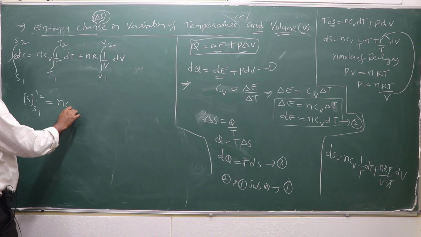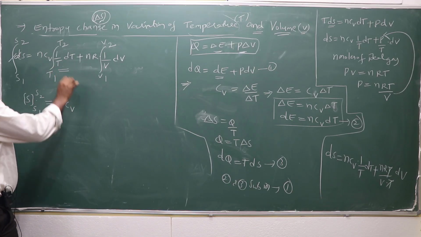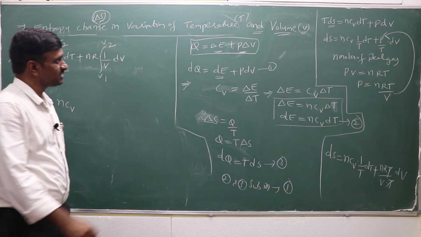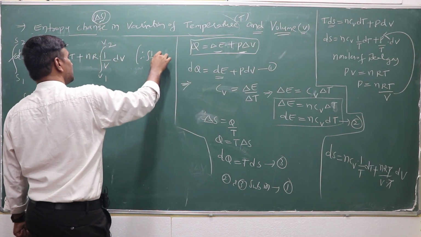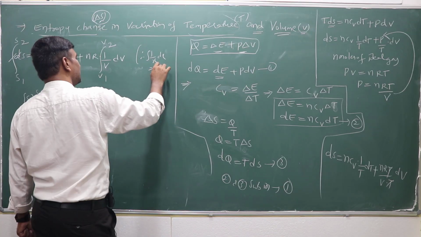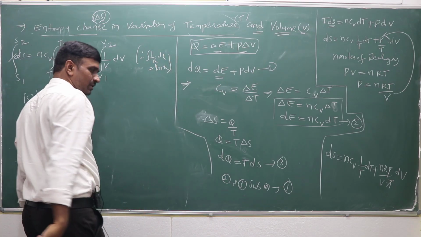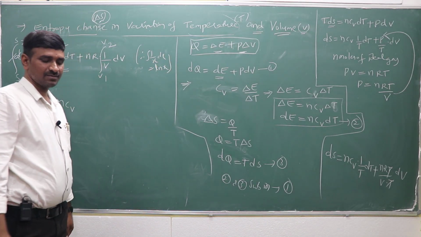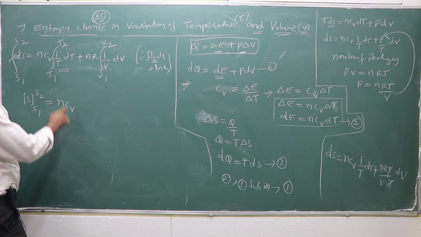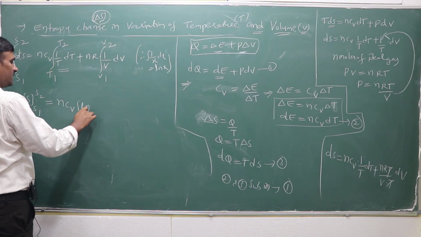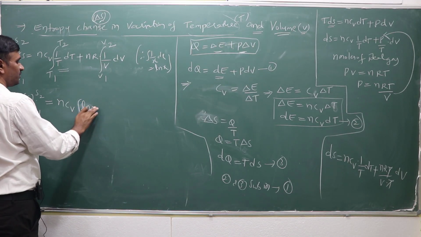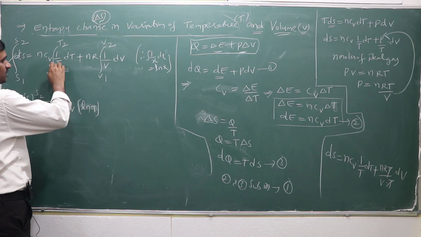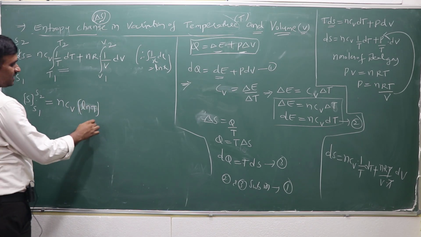Here, nCV into integration of 1 by T dT. I mentioned earlier that integration of 1 by x dx is equal to ln x or log x. So integration of 1 by T dT is ln T.